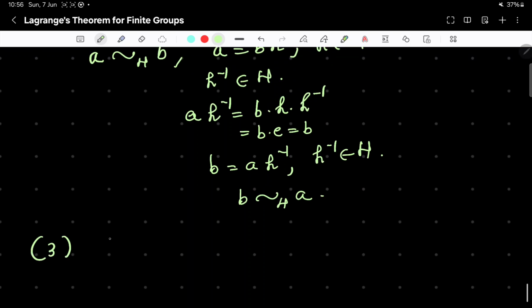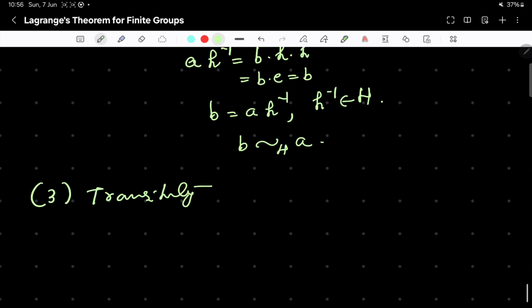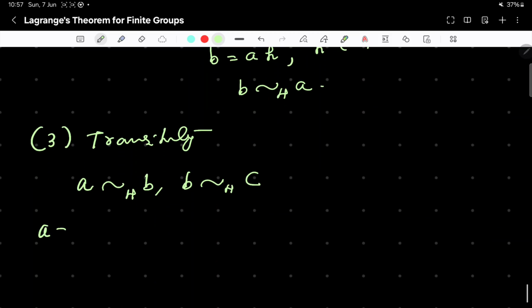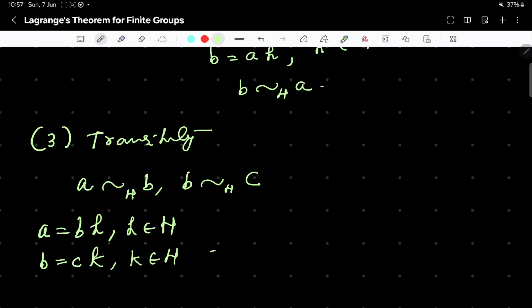Third one is transitivity. Transitivity means a related to b is given, similarly b related to c is given. That is a is equal to bh for some h in H, also b is equal to ck for some k in H. So from this we can write a is equal to ck times h, that is c times kh.